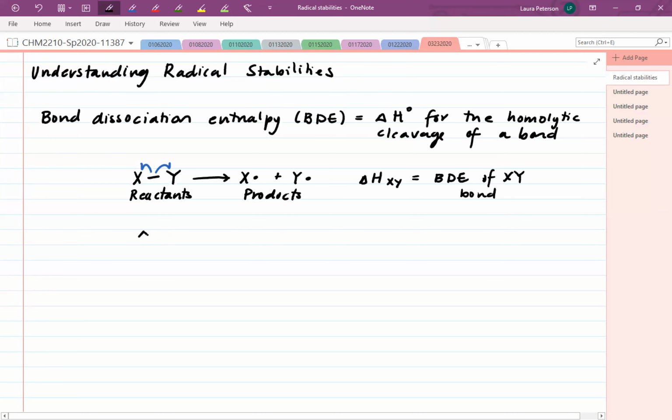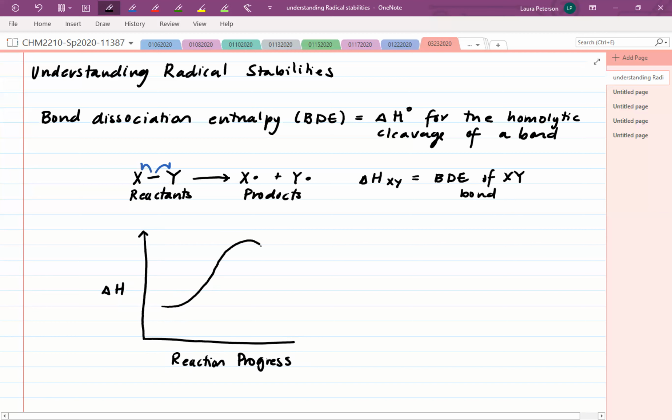If we were just to look at a plot of delta H as we go through the reaction progress of this homolytic cleavage, essentially our reaction coordinate diagram, at the starting material we have our XY bond intact, and then at the products we have our X radical and our Y radical.